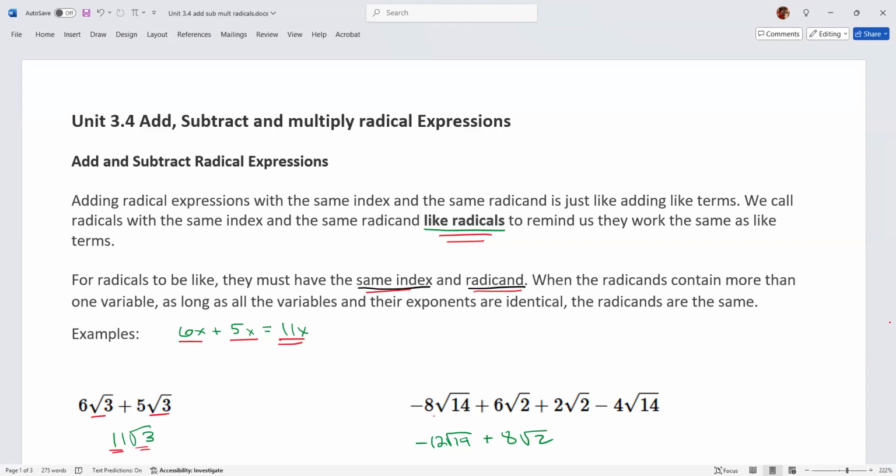Here, the -8 square root of 14 and the -4 square root of 14, those are like radicals. Square root of 14 can't be simplified, and so I'll just go ahead and combine those coefficients. -8 minus 4 is -12 square root of 14. And then the 6 square root of 2 and the 2 square root of 2 add up to 8 square roots of 2. Okay, so very, very simple.